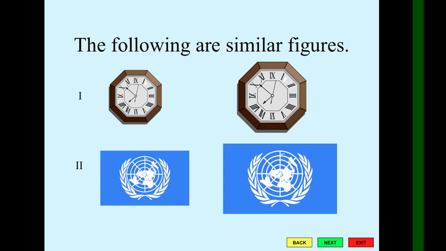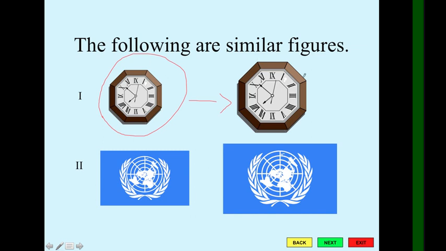So the following are similar figures. For example, this small figure is similar to this figure. They are similar in shape, and maybe in angles inside.